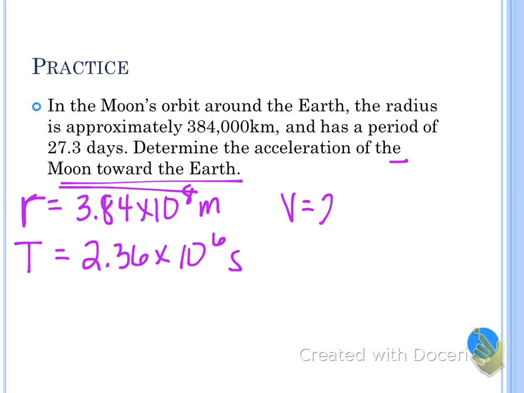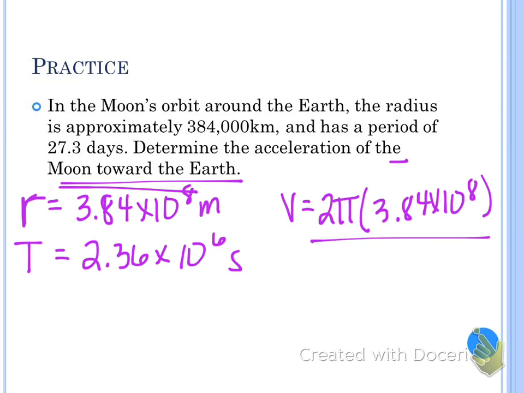Okay, so our velocity is 2 pi r over t. That's just velocity that we're solving for right now.